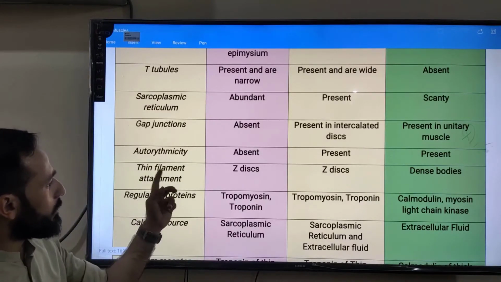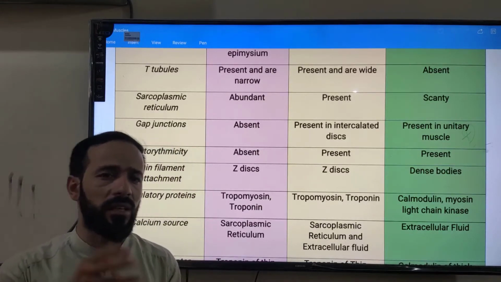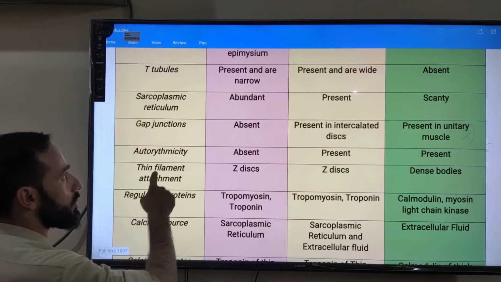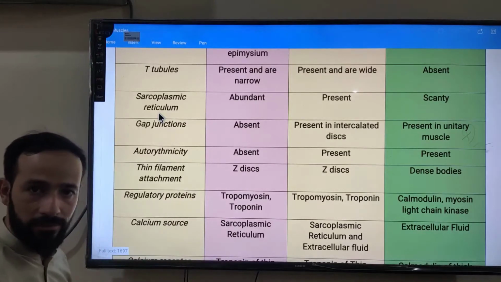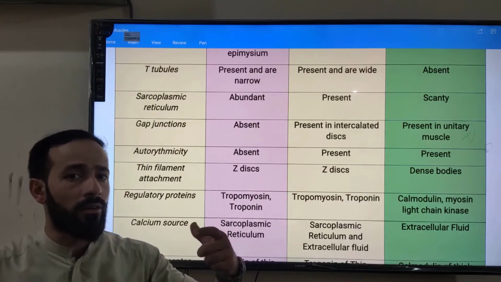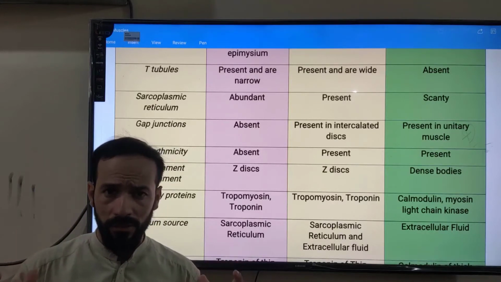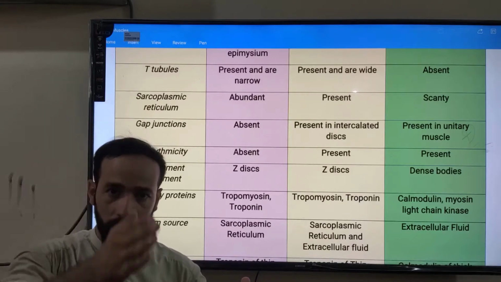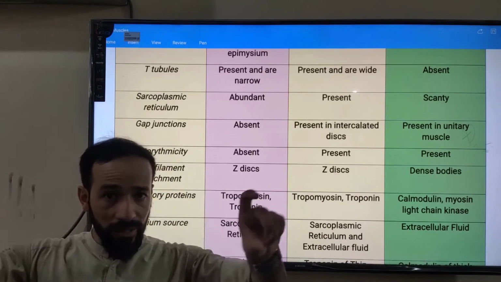The next important property is about the thin filaments. What about the thin filament attachment? In the muscle, there are thick filaments and thin filaments present, right? The thin filaments of the skeletal muscles are attached to the Z line or Z disc. While I was explaining the structure of the sarcomere, there were two Z lines, and between them the M line in the thick filament, and above and below there were thin filaments.